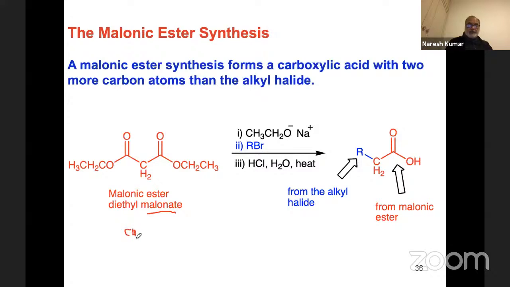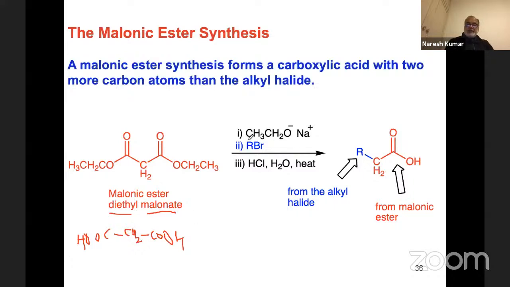If you take CH2 here and put a carboxylic acid on this side and a carboxylic acid on the other side, that compound is called malonic acid. So this is just a malonic ester, and it's a diethyl malonic ester or diethyl malonate.